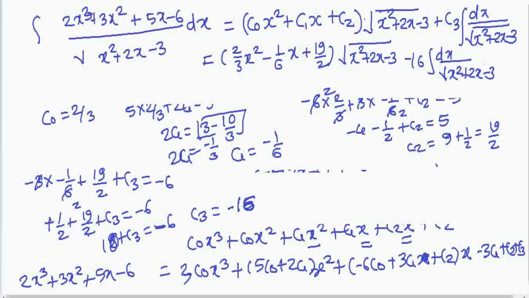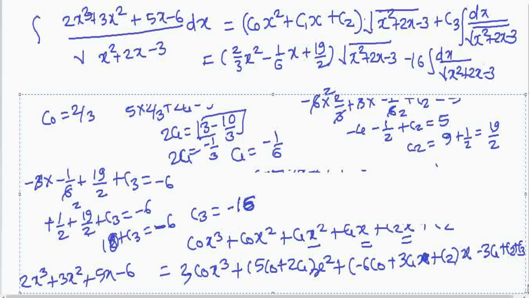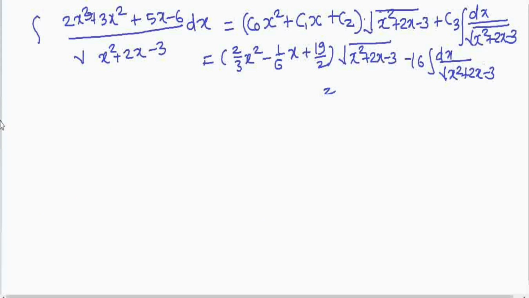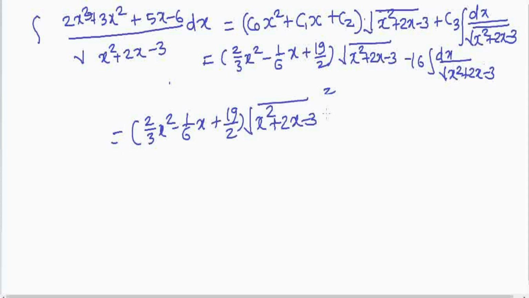Now we solve this expression, integration, and we will get the final answer. So this is equal to 2 divided by 3 x square minus 1 by 6 x plus 19 divided by 2 under root of x square plus 2x minus 3, minus 16 into the integration of dx divided by the square root of x square plus 2x plus 1 minus 4, right?